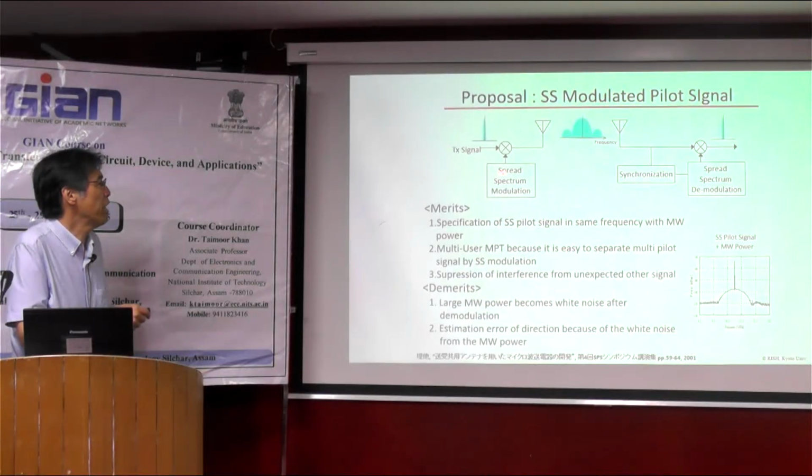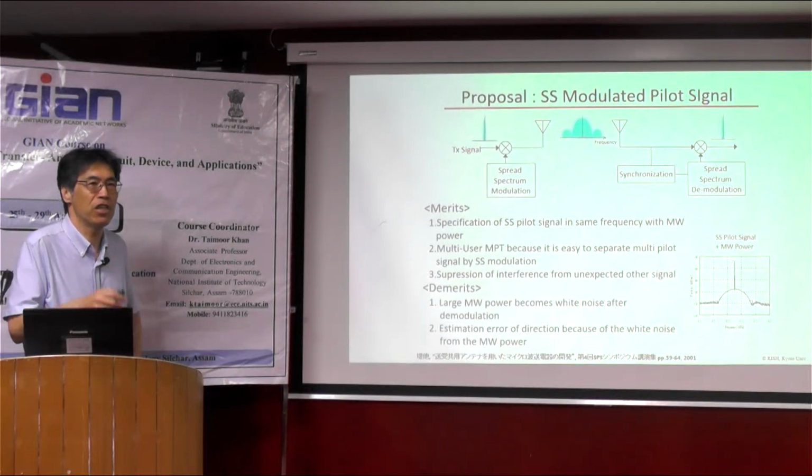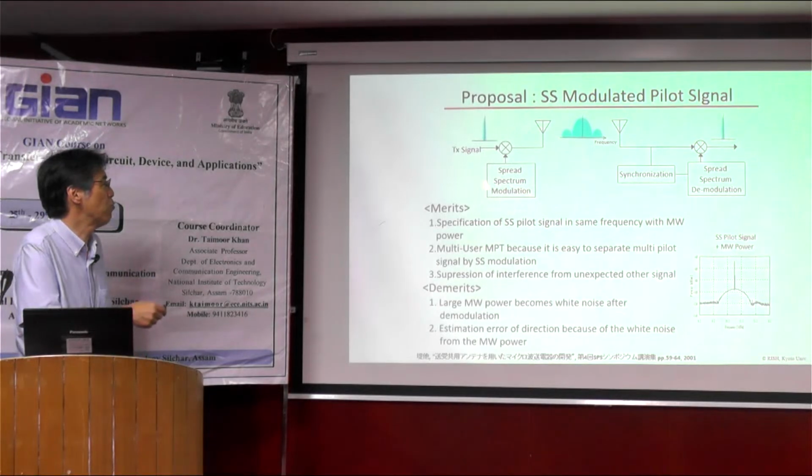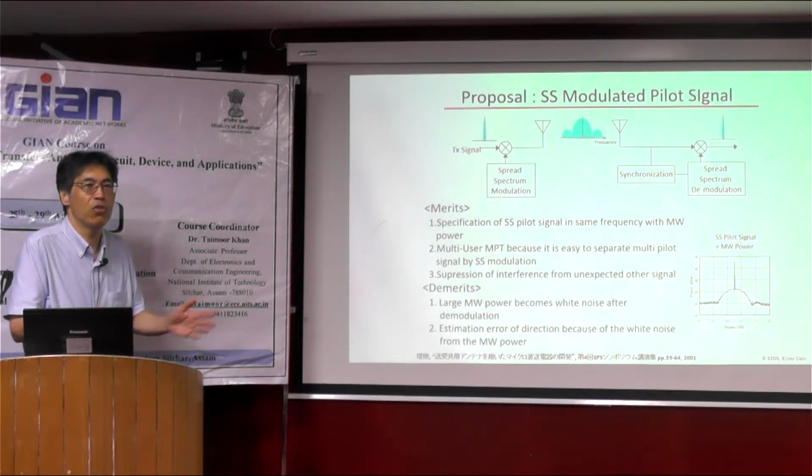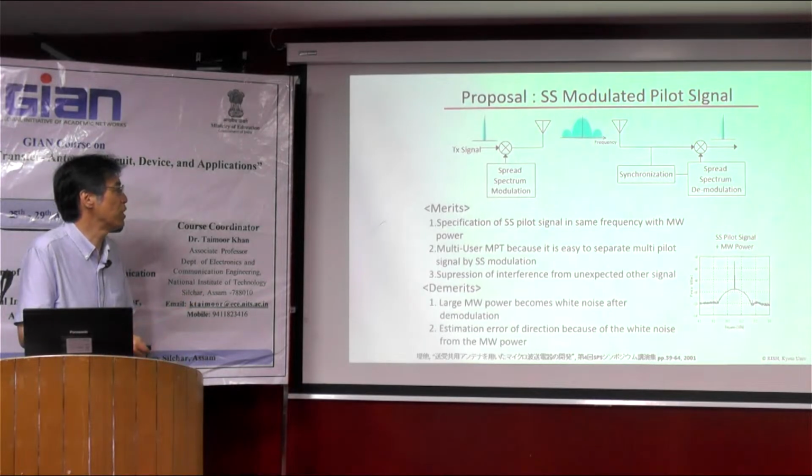If we add modulation like a spread spectrum, even if we have the same frequency band, a modulated signal and a very strong microwave power, we have a demodulator in the transmitter, and we can divide the peak continuous wave and the spread modulated signal into two kinds of signals.